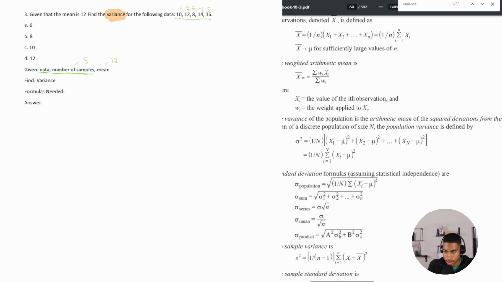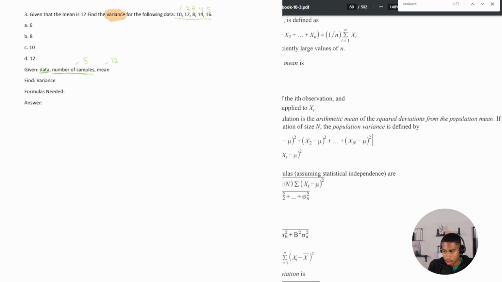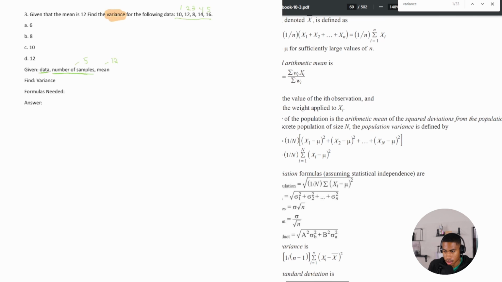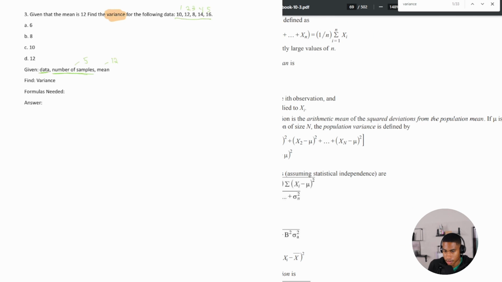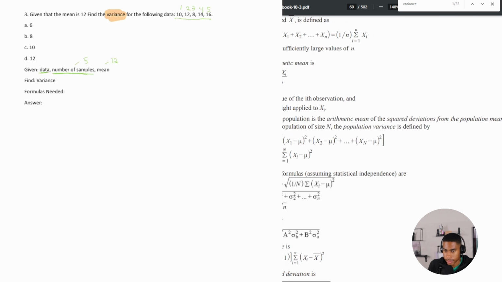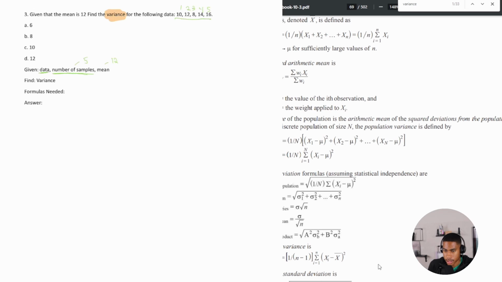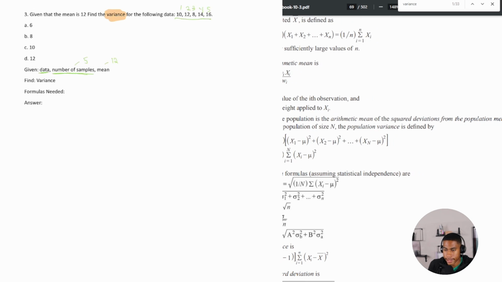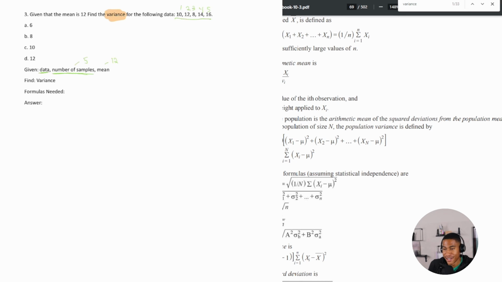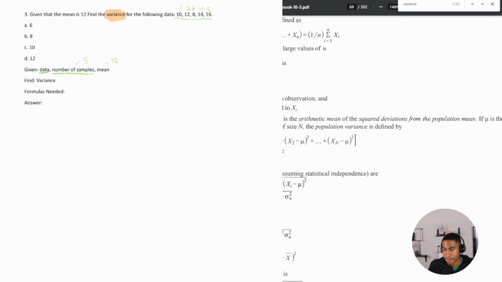And if you need help with it, it says the variance of the population is the arithmetic mean of the square deviations from the population mean.